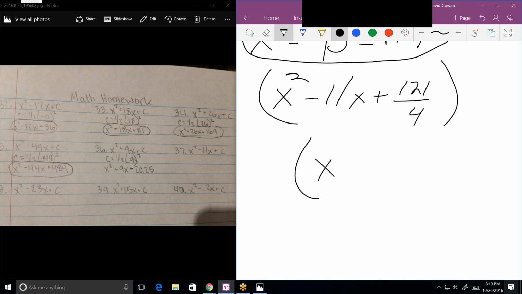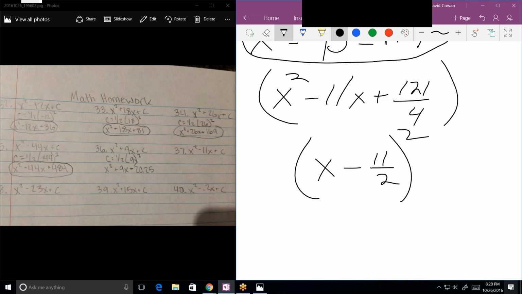So it'd be x minus 11 halves, squared. That is the same as this.